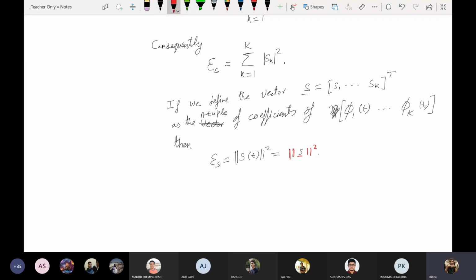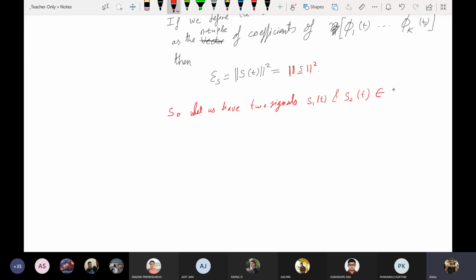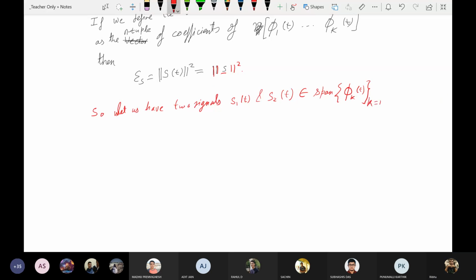Now for the even more interesting part. Let us have two signals s_1(t) and s_2(t) contained within the span of the phi_k's. Fine.